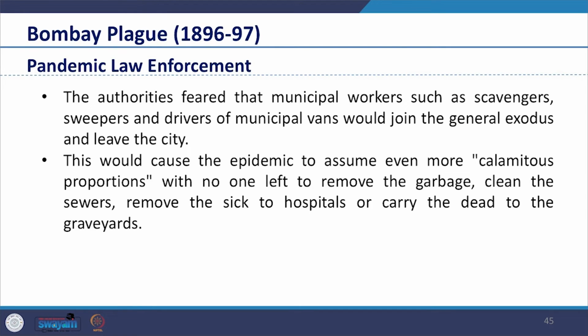The authorities feared that municipal workers such as scavengers, sweepers and drivers of municipal vans would join the general exodus and would also leave the city. This would cause the epidemic to assume even more calamitous proportions, with no one left to remove the garbage, clean the sewers, remove the sick to hospitals or carry the dead to the graveyards.